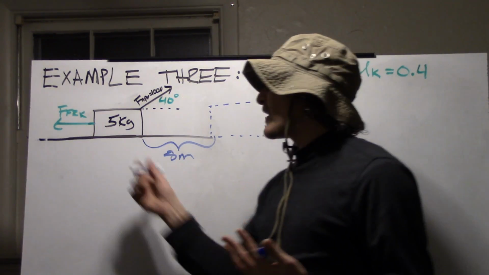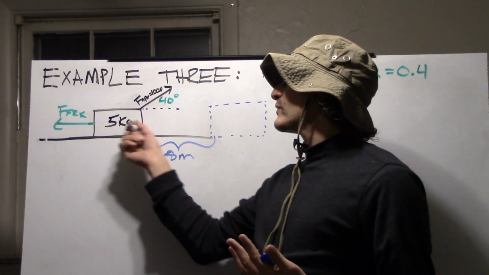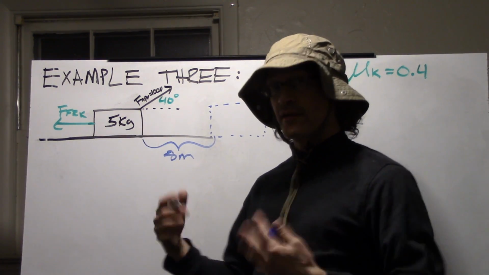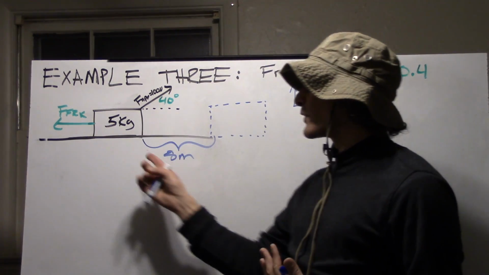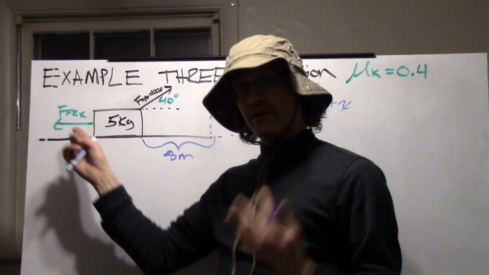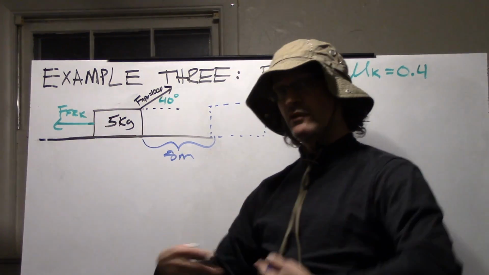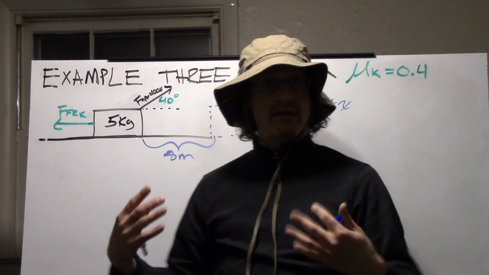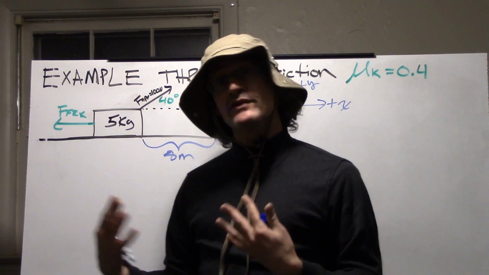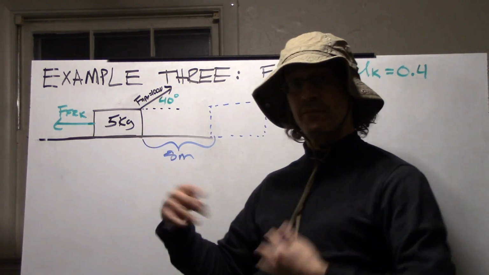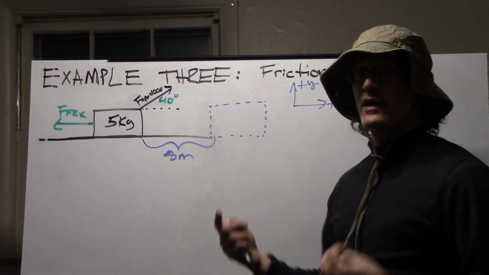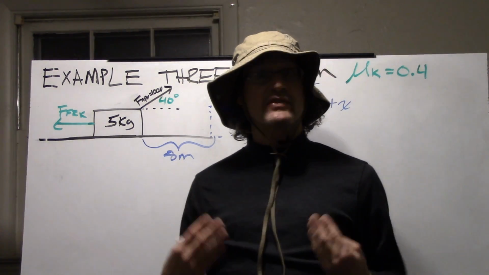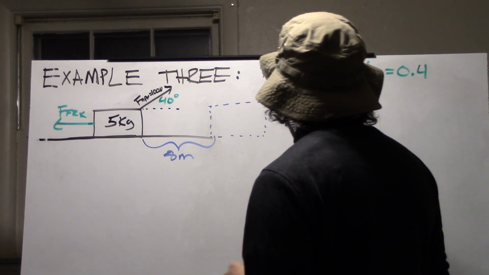What it basically says is that we're going to try to give this crate kinetic energy, the energy of motion, by applying this force. But this resisting force over here, the force of friction, will try to take some of that away. So the net work, the net amount that this crate shall be left with, will be less than it was before, which totally makes sense. It won't be moving as fast, and so it will possess less energy as well in the form of joules.